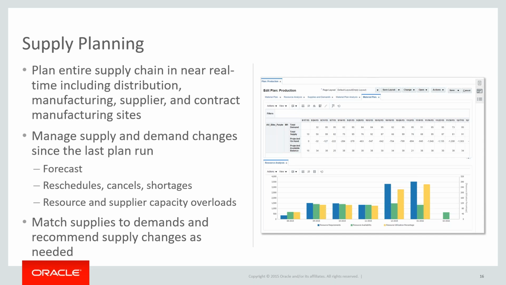The system also has big capabilities to do what's called contract manufacturing planning. In other words, if you're using an outside manufacturer to make your product, and you actually supply some raw material or components to them, the system will plan both levels, create POs for both levels, and manage that whole contract manufacturing process for you.